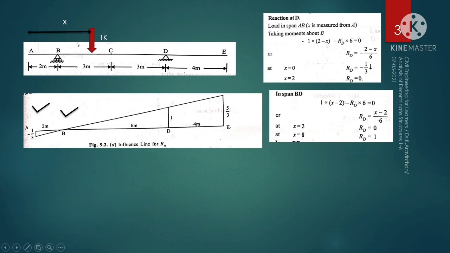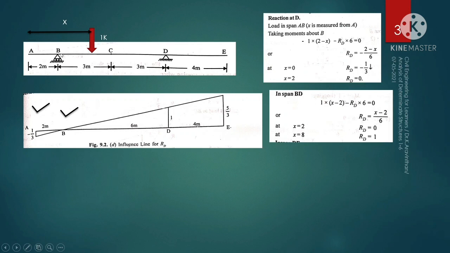You need the remaining distance, so x minus 2. 1 into x minus 2 will be the moment due to the load, and this is clockwise. If you simplify this equation, RD equals x minus 2 divided by 6.